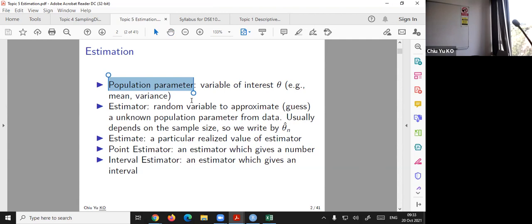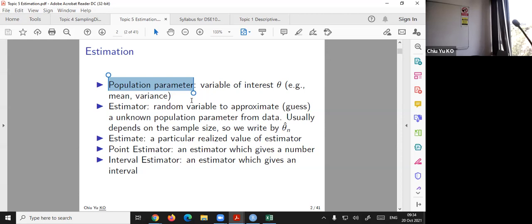Just like the income of everyone in Hong Kong. The income of each individual or family is a number that is there, but it is not random. But the reason we have randomness is because we have to use a sample to figure them out.